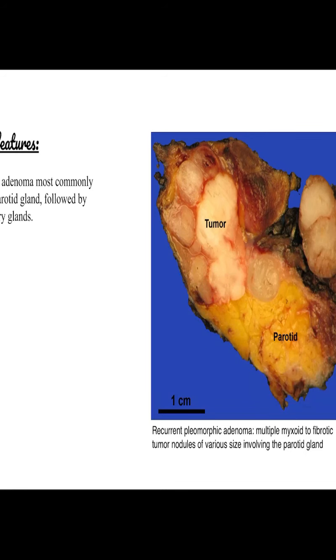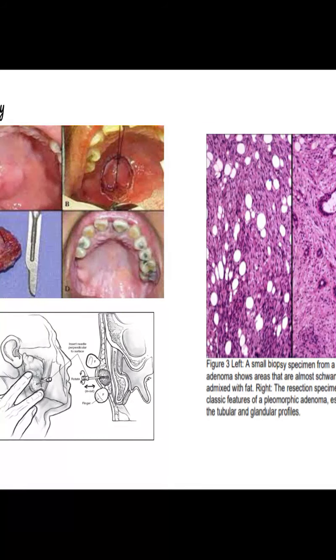As we can see in this picture, we have the tumor as well as the parotid gland, and this is called recurrent pleomorphic adenoma. Biopsy options: either by core biopsy, fine needle aspiration, or excisional biopsy, as in this case, where the surgeon makes the incision, removes the tumor, and then sutures the remaining tissue.